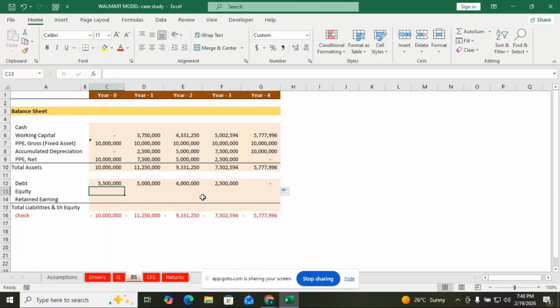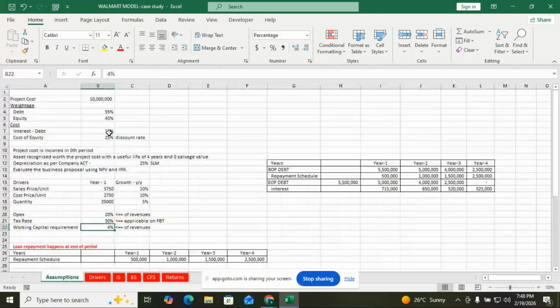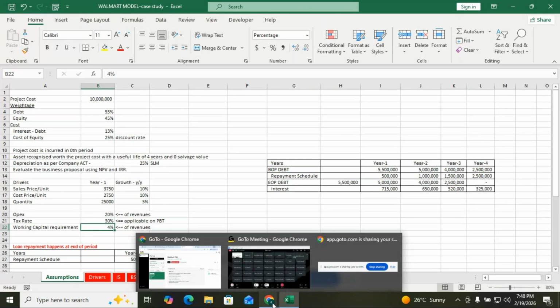Yes, ma'am. Next is your equity. Equity accounts for 45% of your total requirement, right? So you can do this directly: 100 lakhs into 45%. The same amount remains for the rest of the years, as the proportion remains the same.